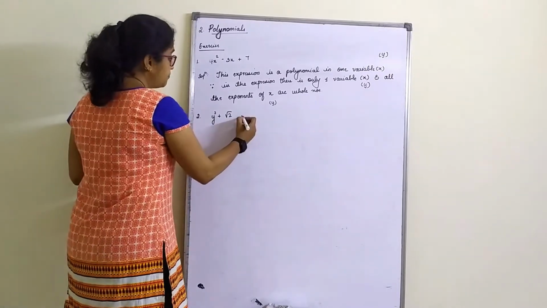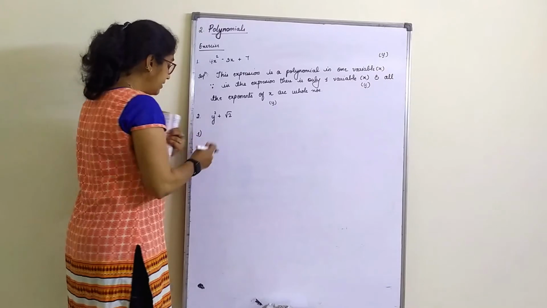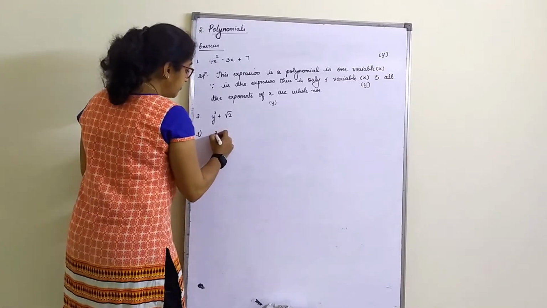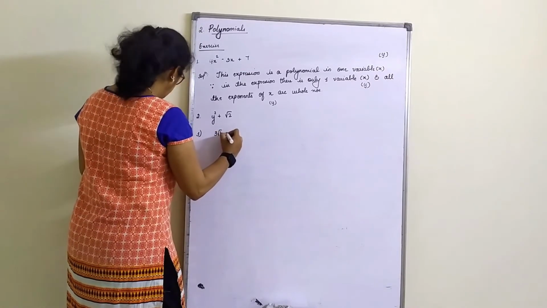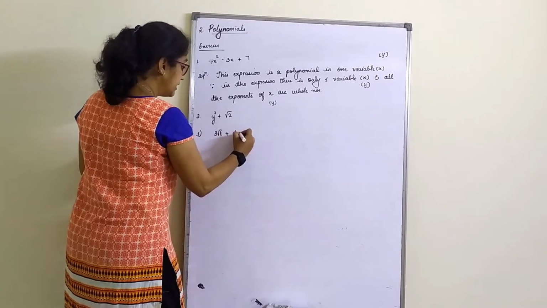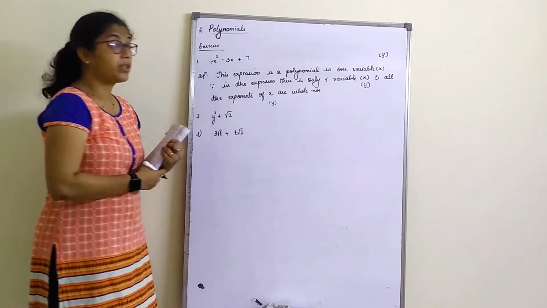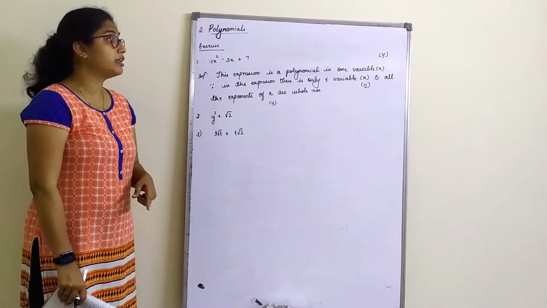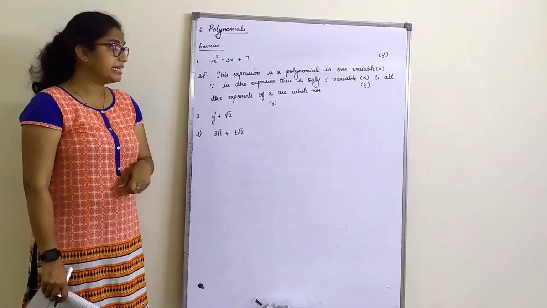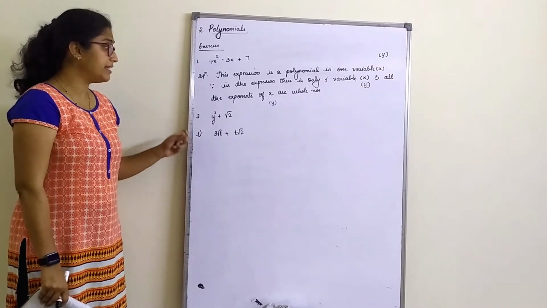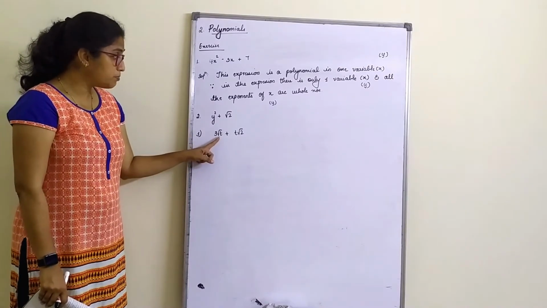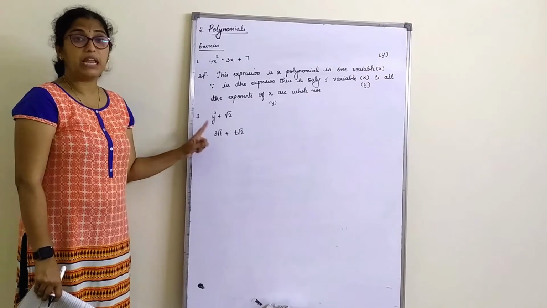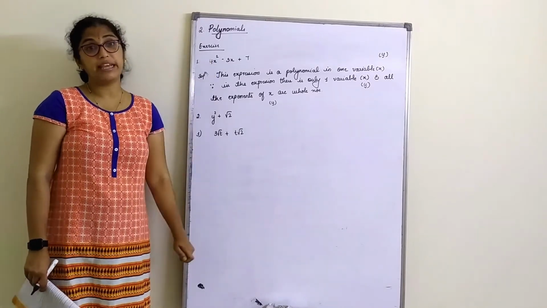Let me check the third one. What is given here? Root 3t plus t raised to root 2. If you check, this is a polynomial in one variable, but here the variable has a fraction exponent.